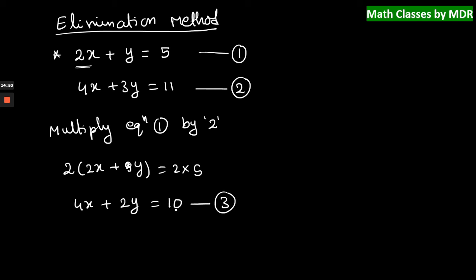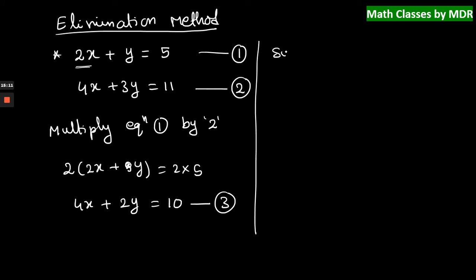Right? So now either you can add or subtract here. We add the equations when x coefficients have opposite signs, and we subtract the equations when they have the same sign. So here x coefficient is plus 4, in the third equation also x coefficient is plus 4.